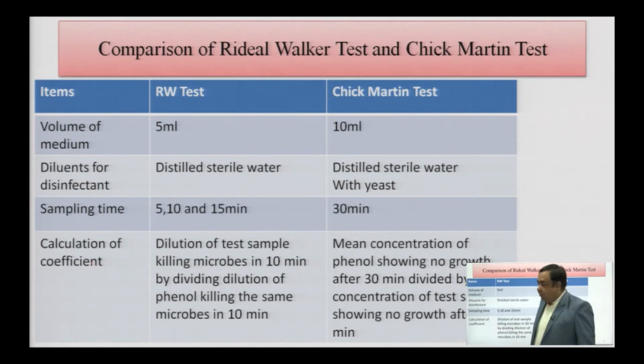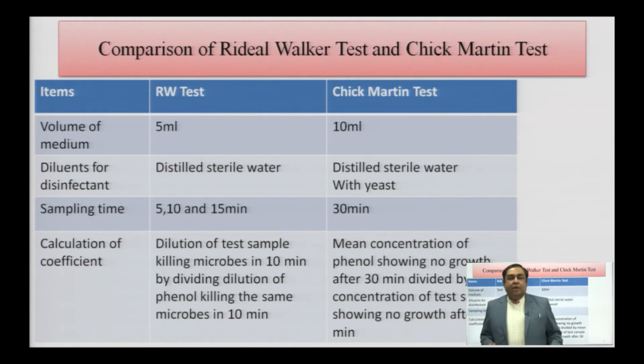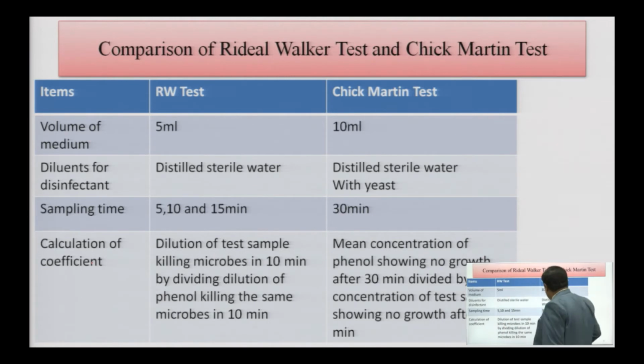On the other hand, in Chick-Martin test, we measure the coefficient as the mean concentration of phenol showing no growth after 30 minutes divided by the mean concentration of the sample disinfectant showing no growth after 30 minutes. Here also we are estimating the inhibitory capacity of the sample with respect to phenol.